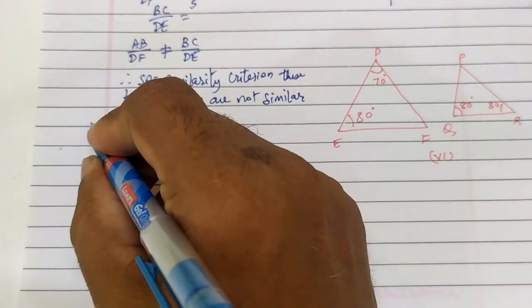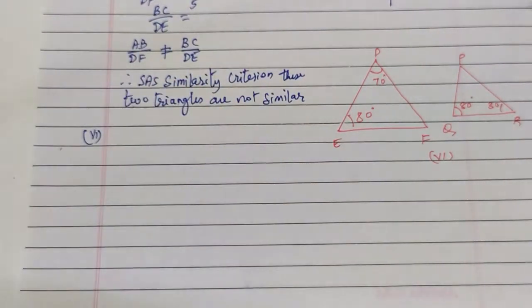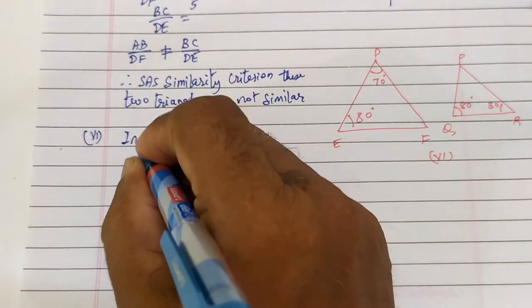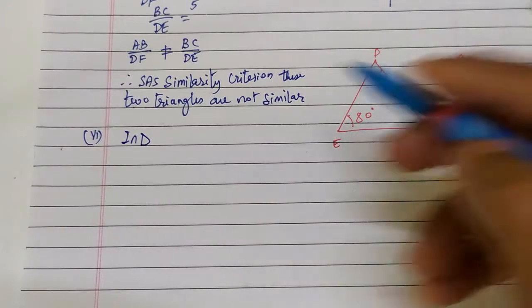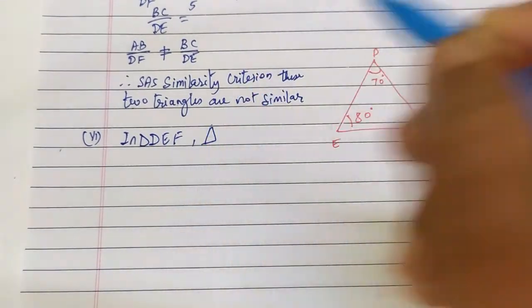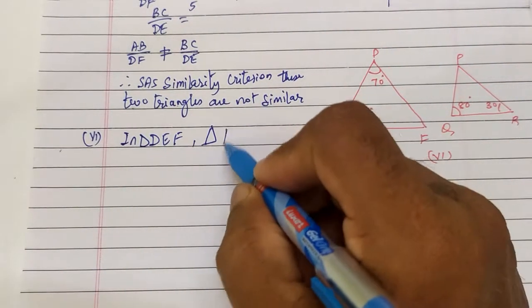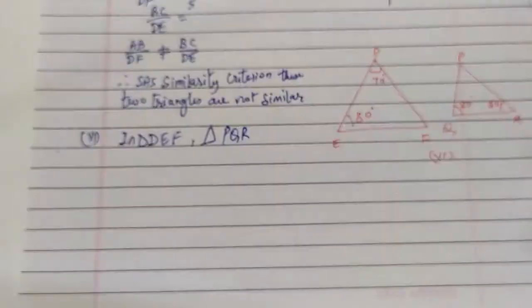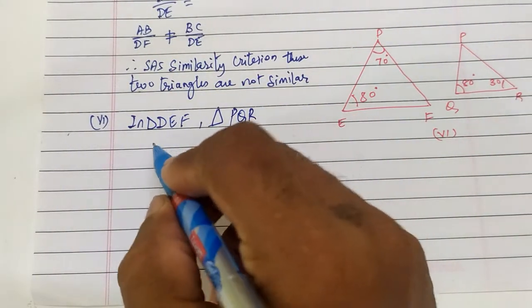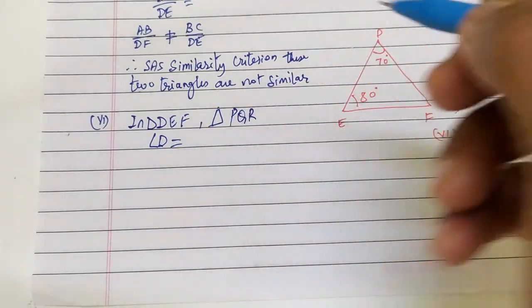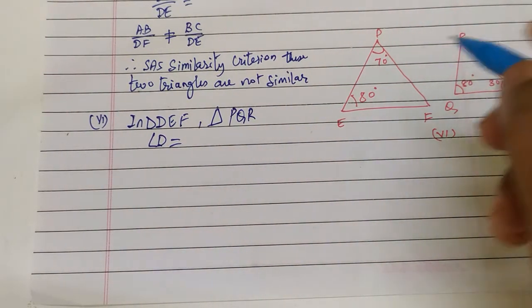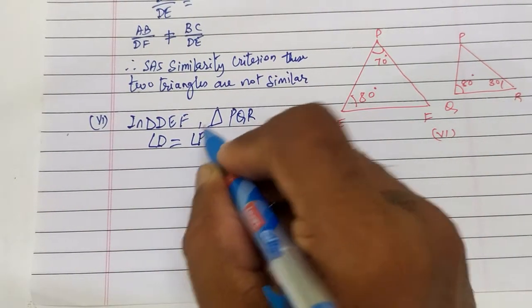So we'll have a look at the sixth one. In triangle DEF and triangle PQR, here we can see angle D equals angle P. How?